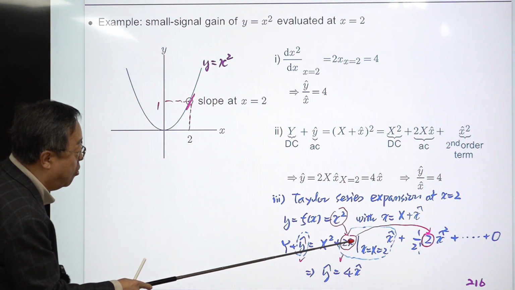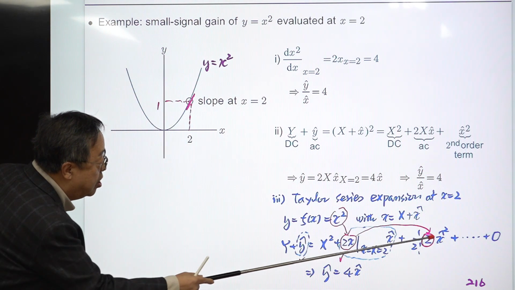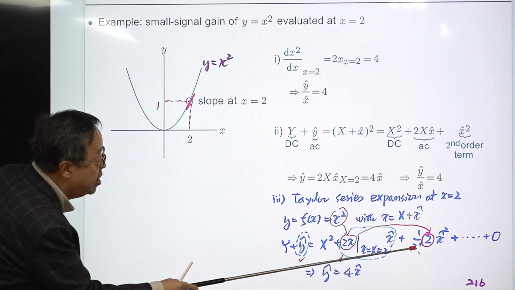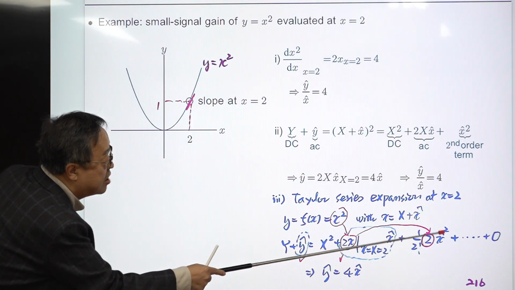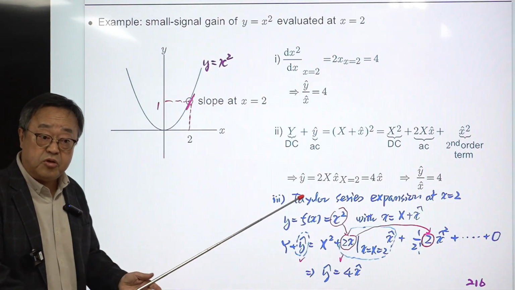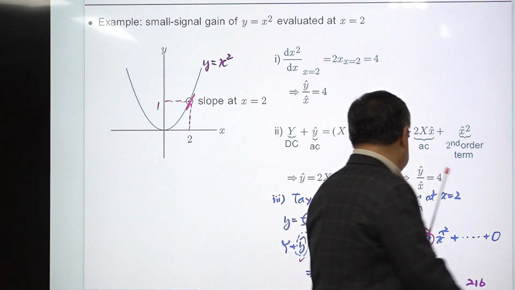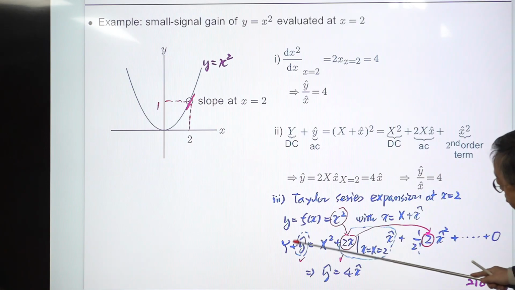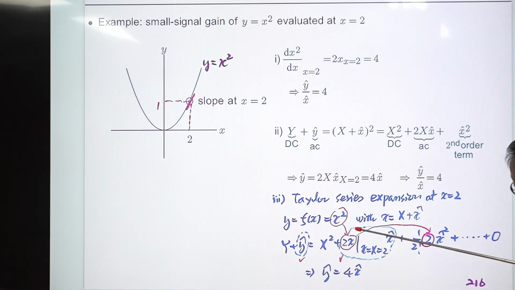So evaluate this again, and you have 2, and here 2 factorial is coming. But you have this x hat squared term, so you are not interested in it. So you just ignore this. Then you equate this and this.